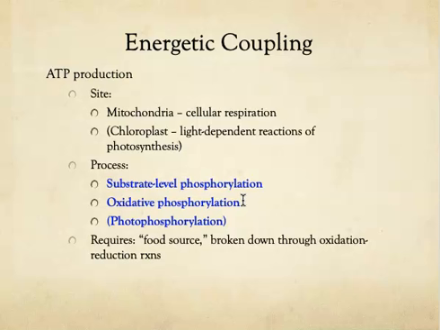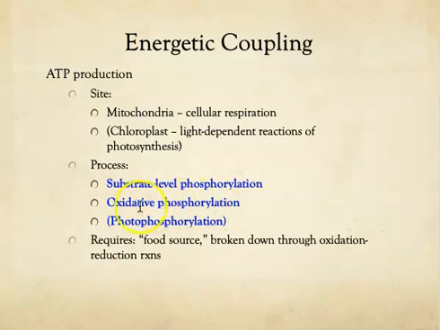During the first part of respiration, glycolysis, and during the part of respiration called the Krebs cycle, you also get a little bit more ATP made, but it's not made efficiently.